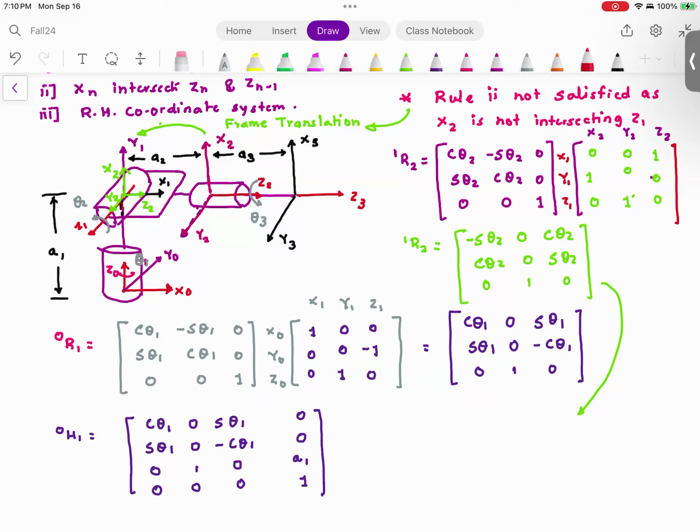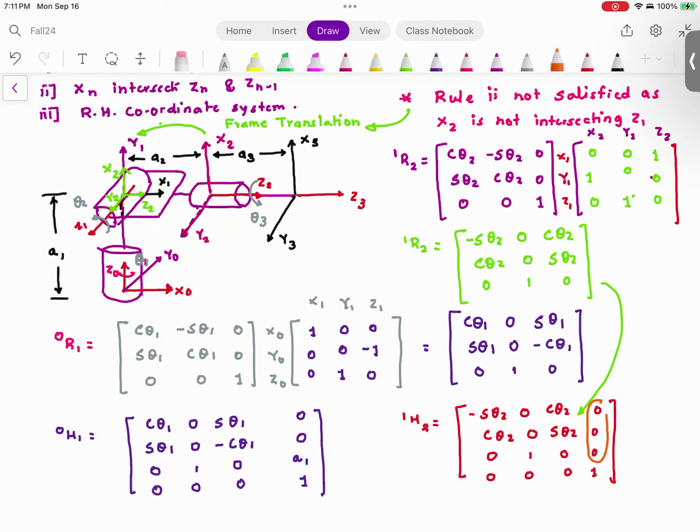So I can write the homogeneous transformation 1H2 as minus sine theta 2, 0, cosine theta 2, cosine theta 2, 0, sine theta 2, 0, 1, 0, 0, 0, 0, 0, 0, 0, 1. And why do I have these zeros here? Because the frames coincide.